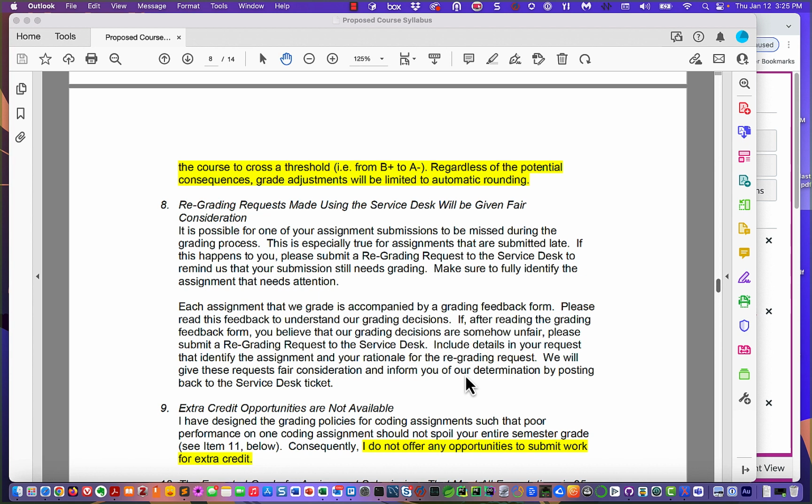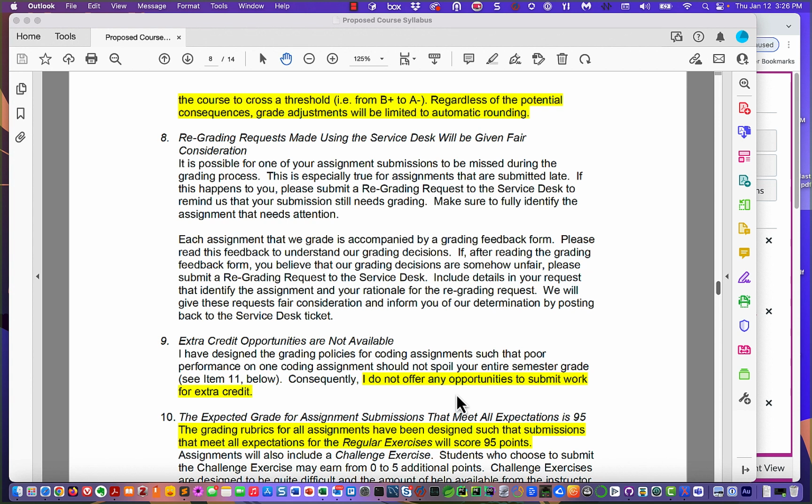Or if you get your grade back and you go, I read the grading feedback form, I don't think that they understood my work, I'd like them to take another look. Well, open up a ticket, ask us to regrade it, we'll give it fair consideration. If we made a mistake, we'll admit it. If we didn't, we'll tell you why.